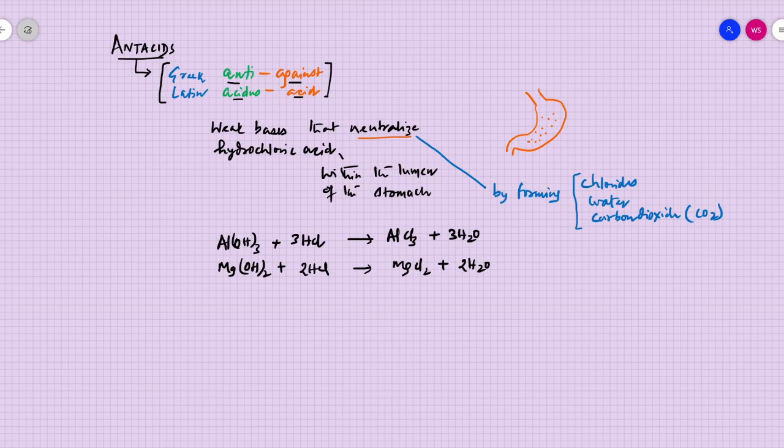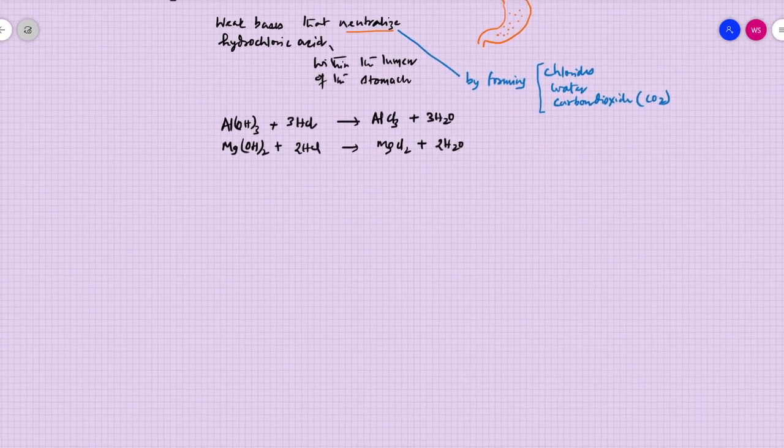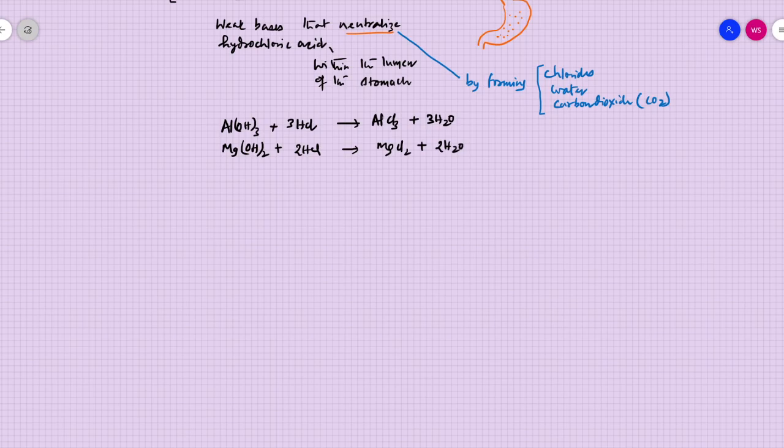These drugs, antacids, decrease the concentration of hydrogen ion, and thereby they increase the gastric pH.